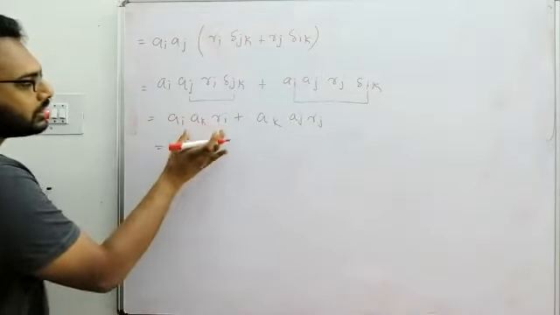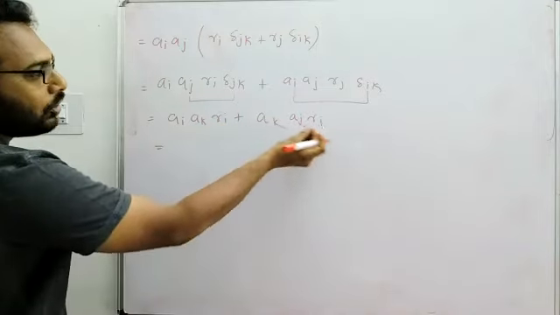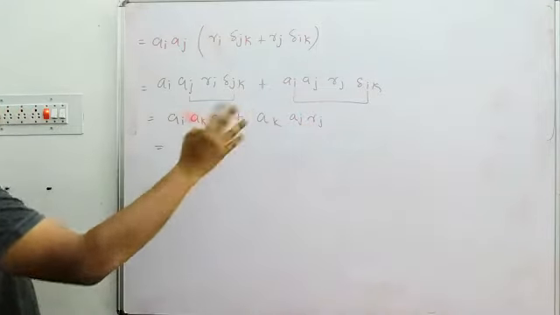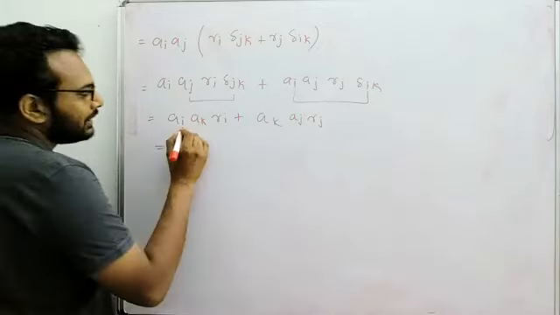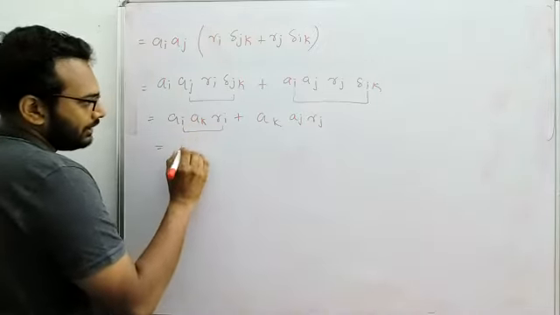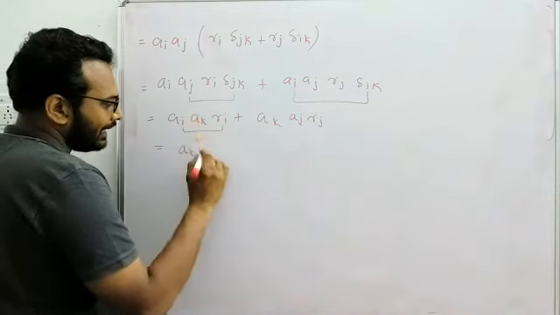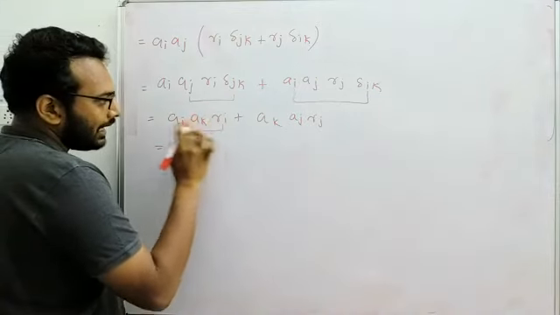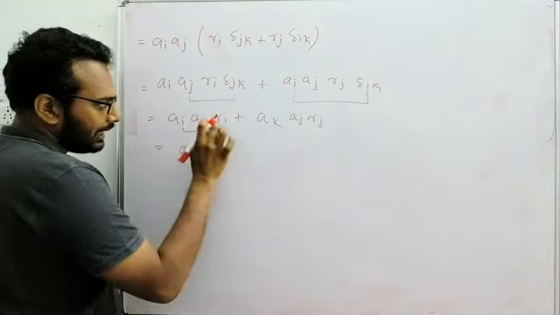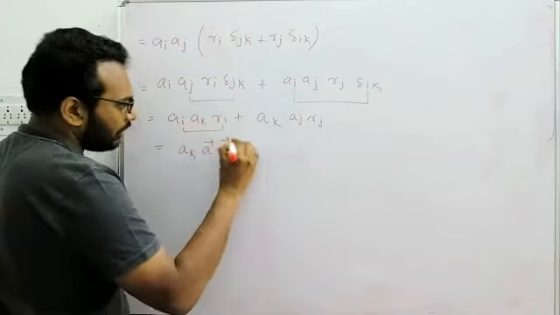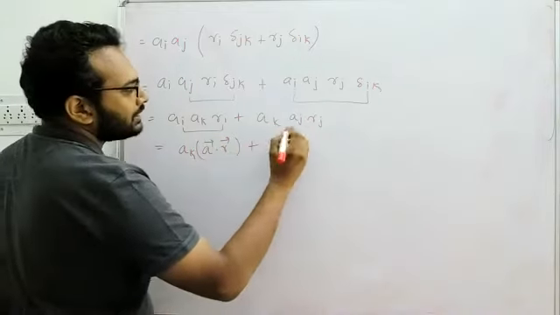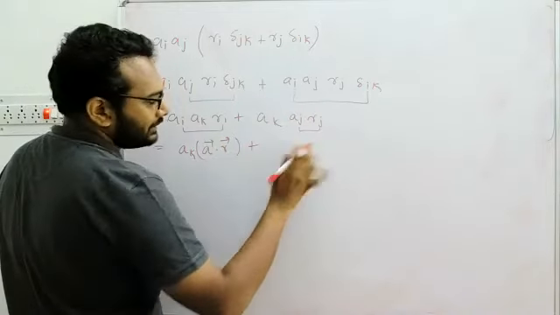The convenience of writing this in components like this is that you can just change the order, no problem, in classical mechanics. So this is A_k A_i R_i. There's a summation over i, so this is simply A vector dot R vector, plus you have got A_j R_j.